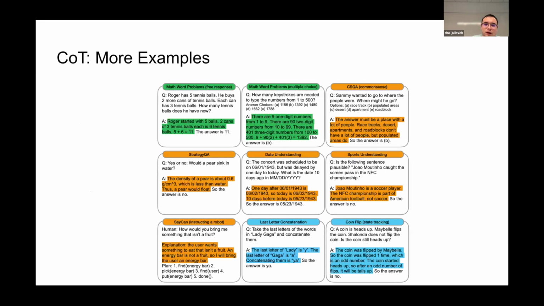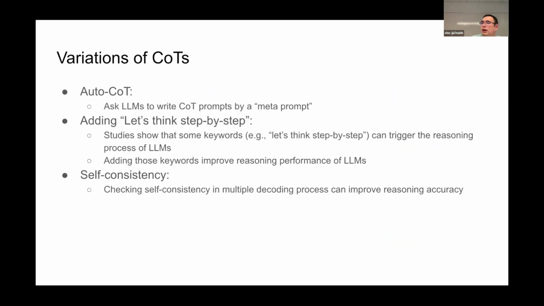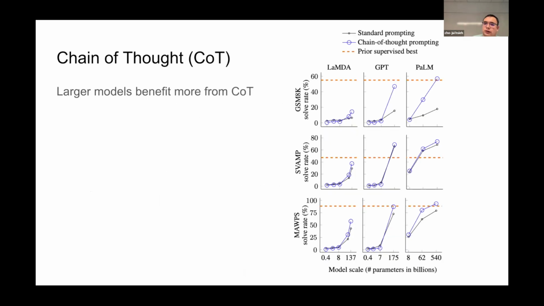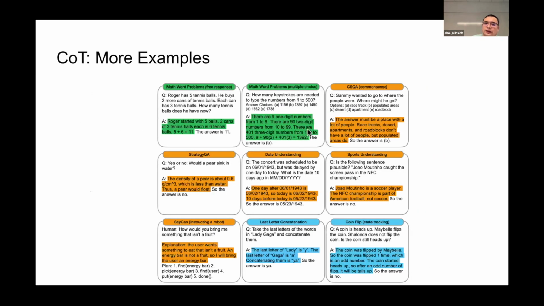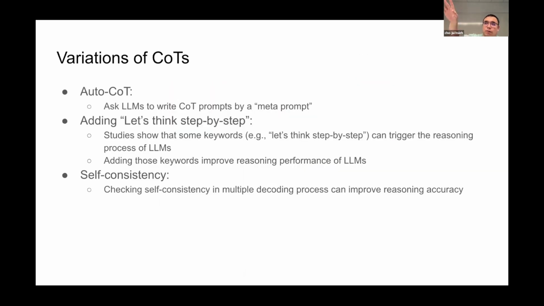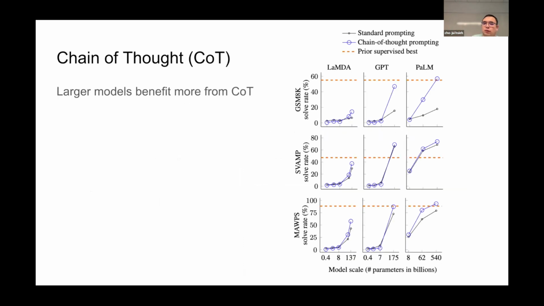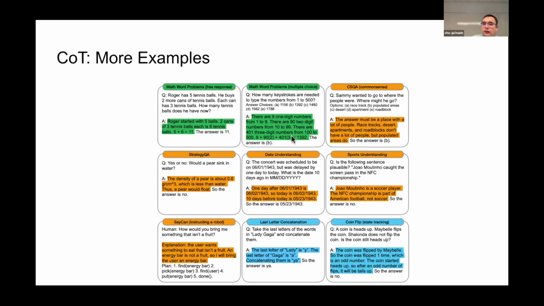So there's a line of work on automatically generating the thinking process. The easiest way is you just have some meta prompts. You can ask a large language model like GPT-4 to produce the thinking process, and then you add them as the in-context examples as a chain of thought.